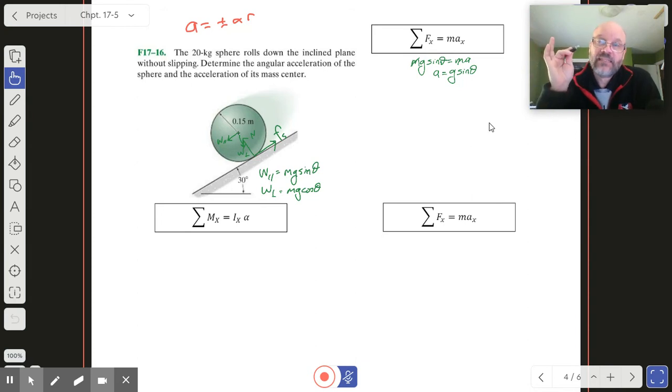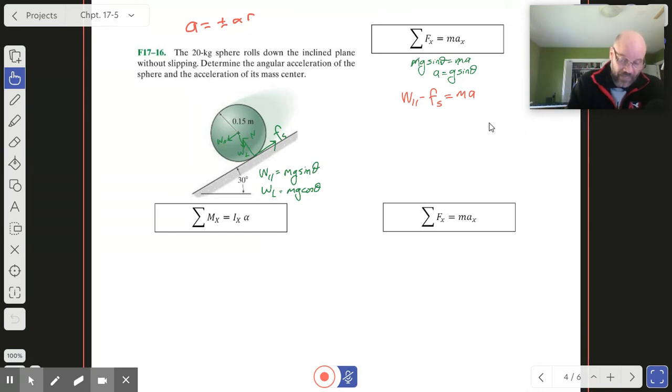But it's static, so that means it's variable. So we don't actually know what it is. And so when we try to think about what's the acceleration down the plane, the problem is we don't know F sub s. We don't know that friction, nor do we know the acceleration.